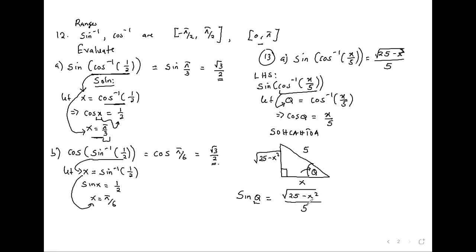But what is theta? Theta is cos inverse of x over 5. So this is equal to the root of 25 minus x squared over 5. Very nice.